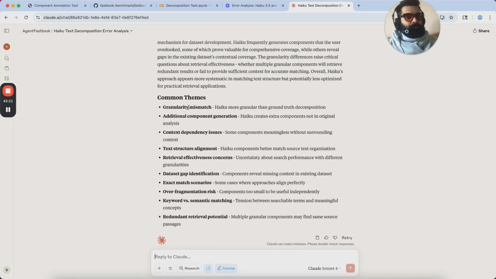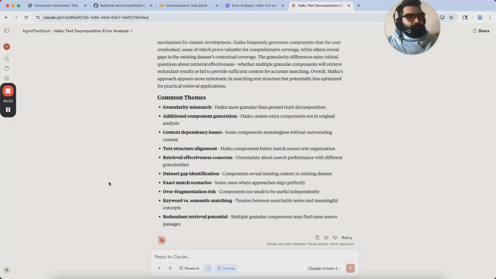All right, common themes: granularity mismatch, additional component generation, context dependency issues, text structure alignment, retrieval effectiveness concerns, dataset gap identification, exact match scenarios, over-fragmentation risk, keyword versus semantic matching, and redundant retrieval potential.